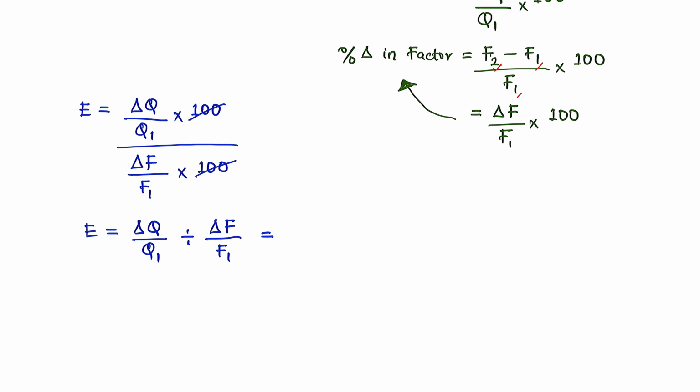This is equal to change in quantity over, let's get rid of the 1 and just call it simply quantity. Now, because the sign here is division, to change it to multiplication, we have to invert the value after the division sign. So from change in F divided by F, it becomes F over change in F.